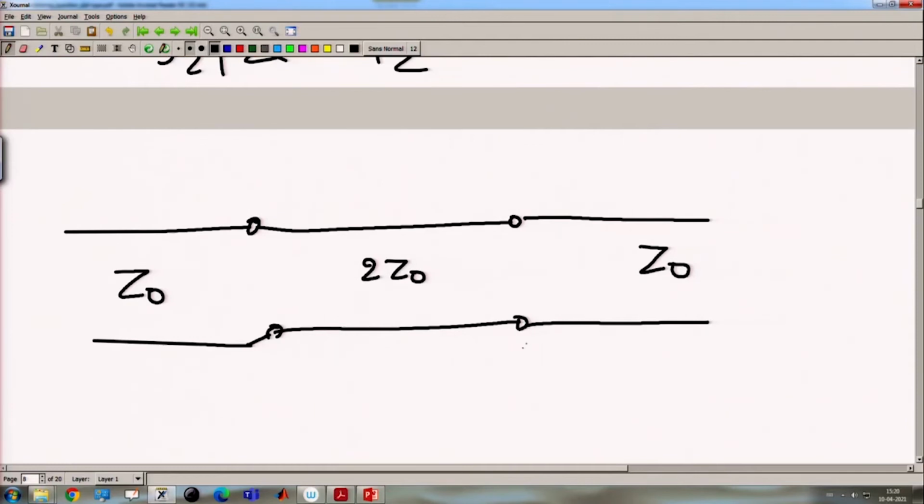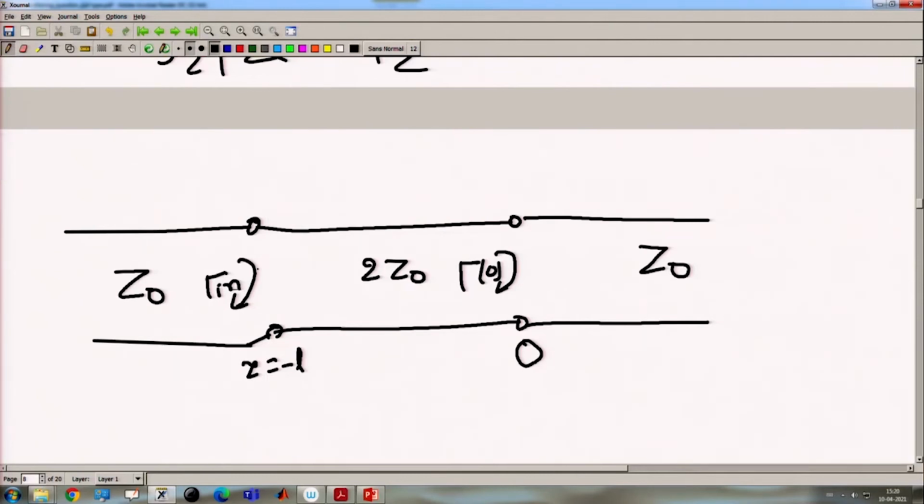Here we can assume that this is Z equal to 0 and this is Z equal to minus L. We are finding out here it is gamma 0, here it is gamma 0, and here it is gamma in.